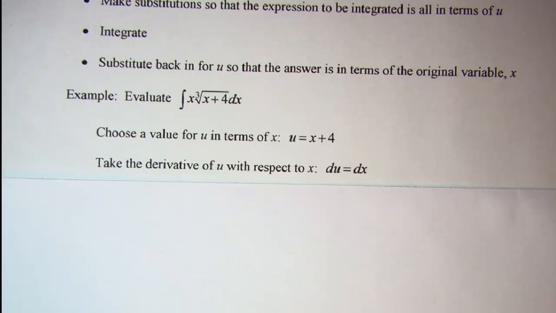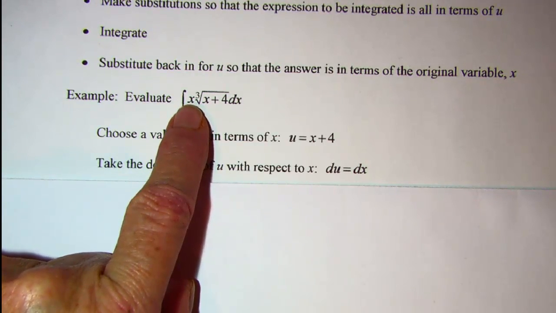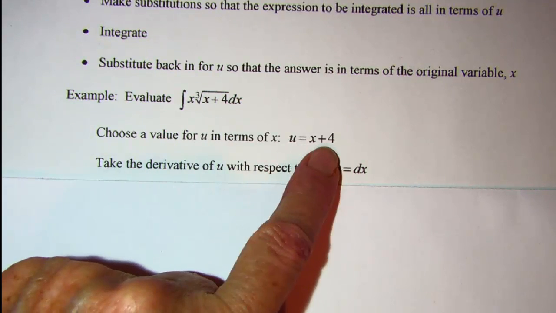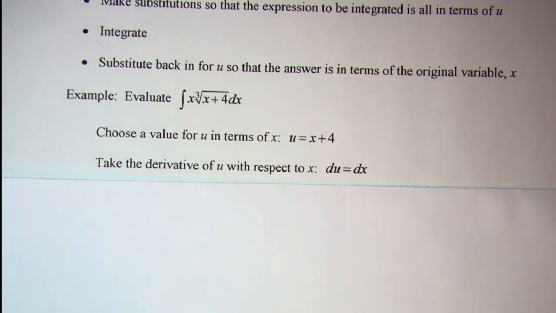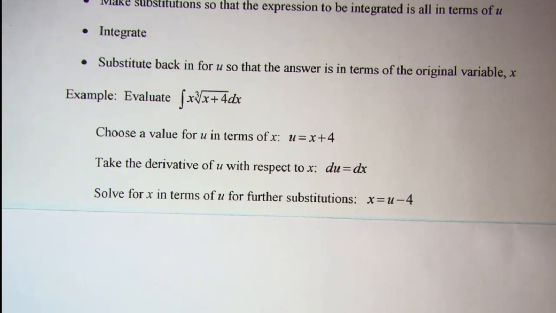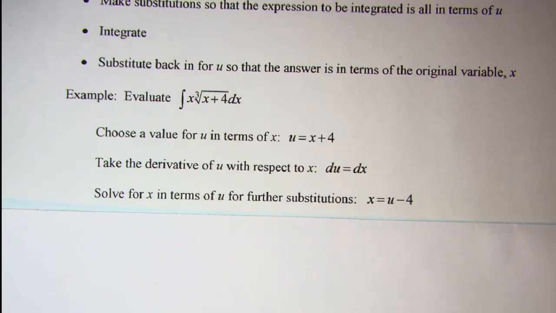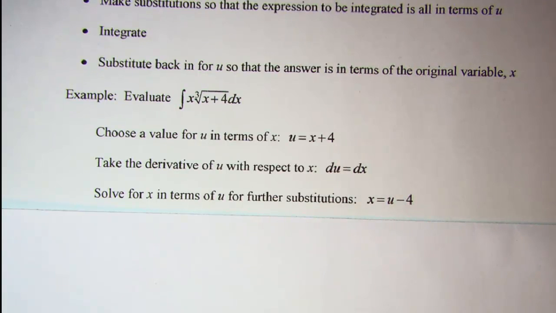And then because we have this extra factor of x right here, I need to manipulate this equation and find a value for x that I can use in my substitutions. So solving that for x, I get x is equal to u minus 4. And I'll use that substitution as well.